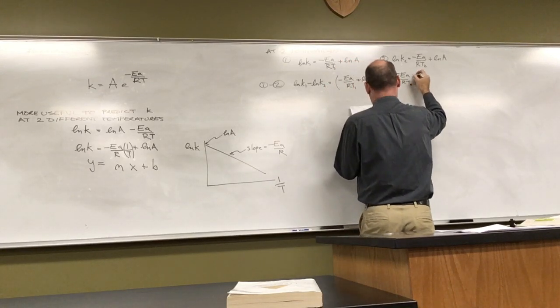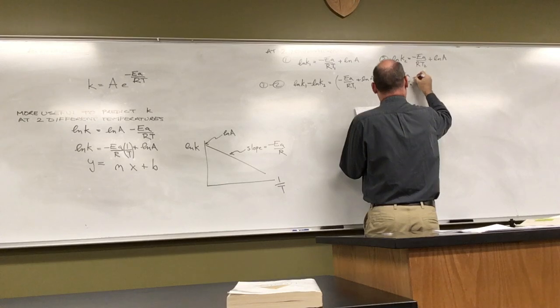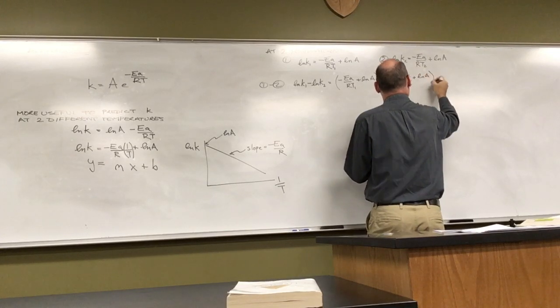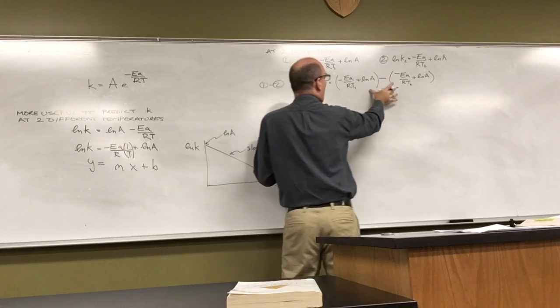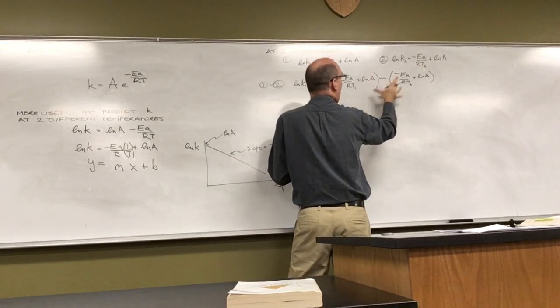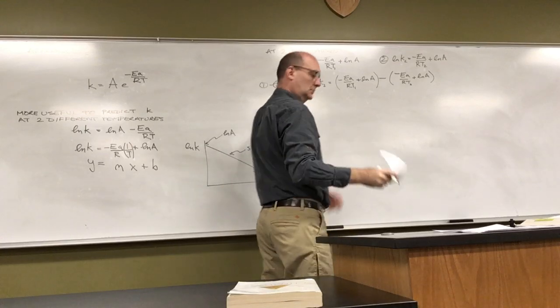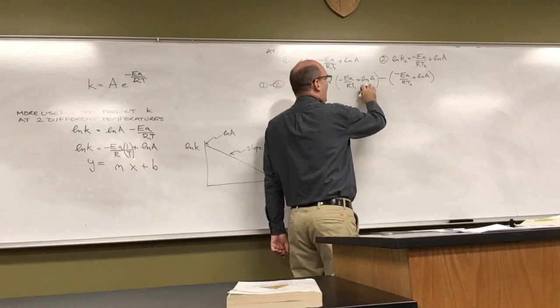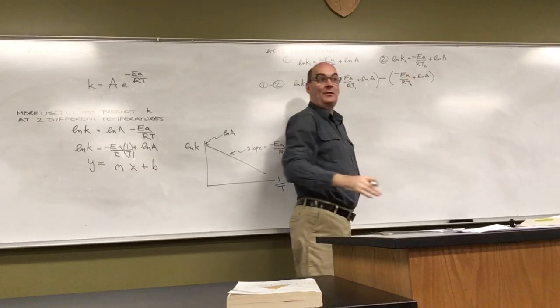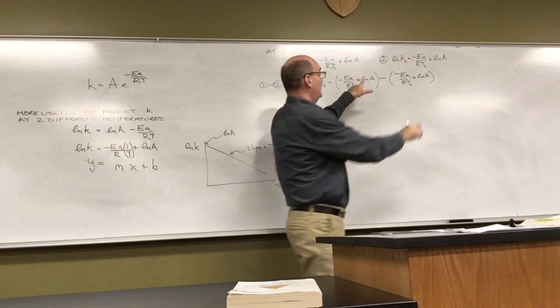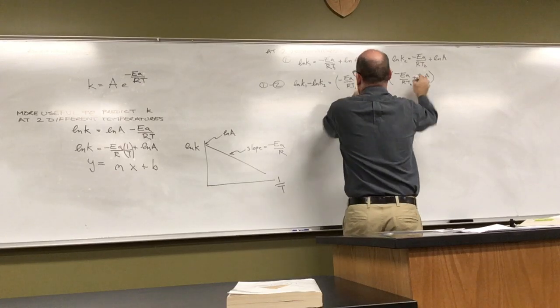T1, T2, plus ln A. Okay. So I'm going to break these things apart. And that ln A, when you subtract that ln A from it, it's going to go away. These two terms, they're going to go away.